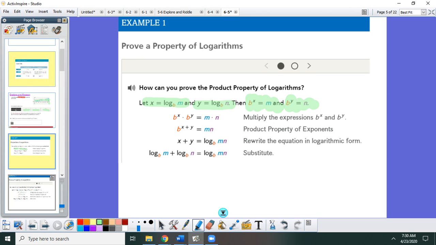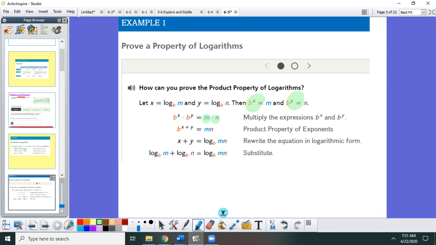So let me clear the annotations here. If we start to multiply b to the x power times b to the y power, what we would have is our m times our n. All right, so we can follow that.